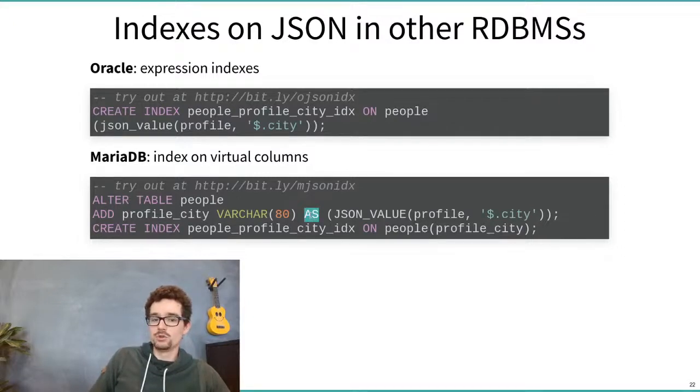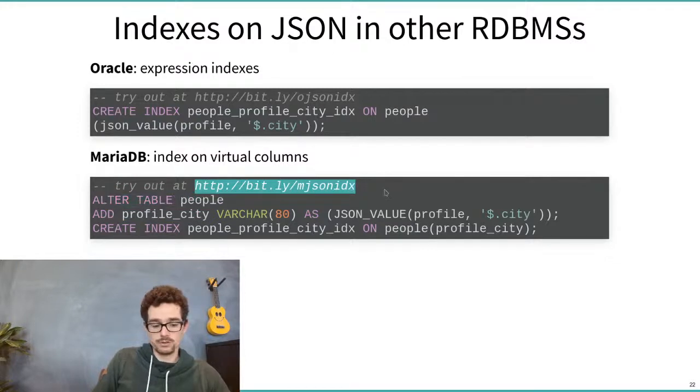So you don't store data in that new column, but the database will automatically store in that new column the result of this expression. And within that expression we can use functions, access other columns of the same row. I don't know if it supports subqueries, but here in this case we add a column called profile city.